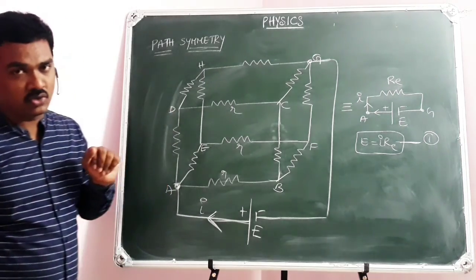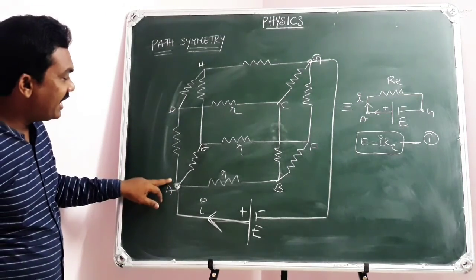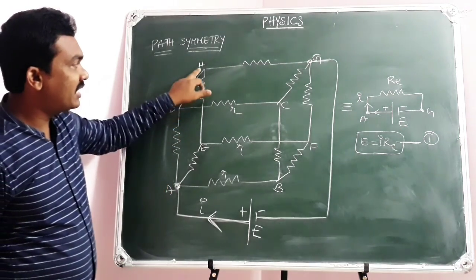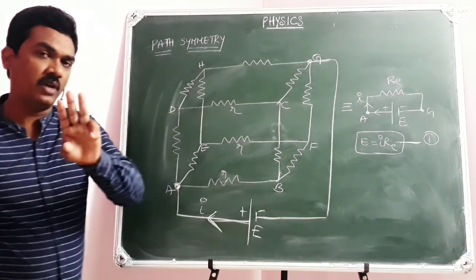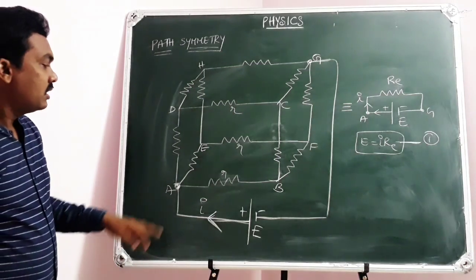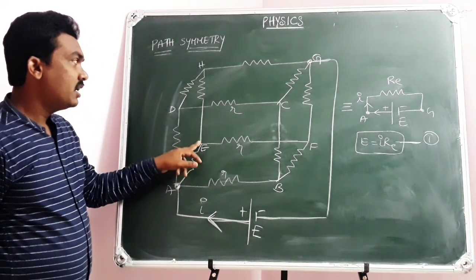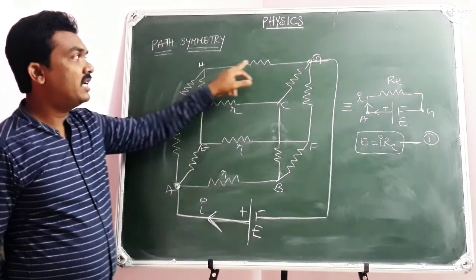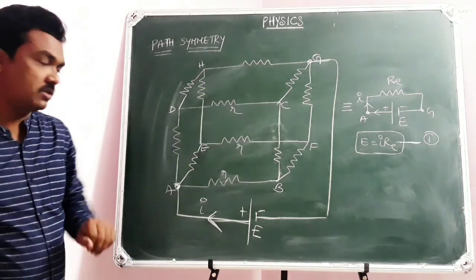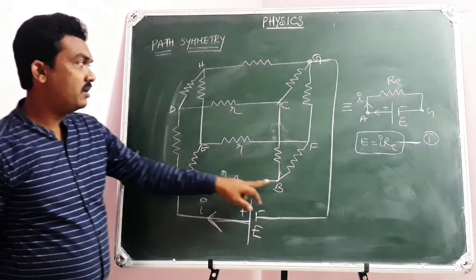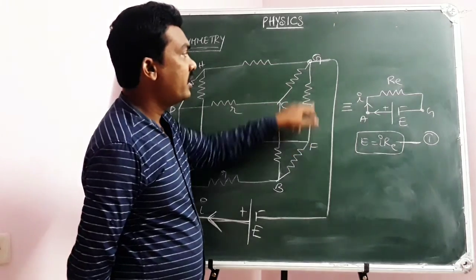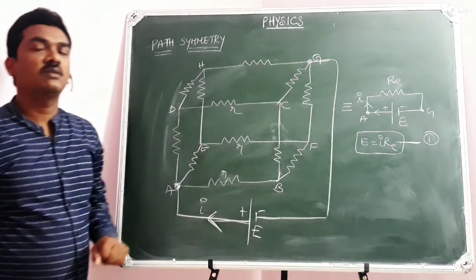While moving from A to G, along the path AD, DH, HG, I have 3 resistors. AE, EH, HG, 3 resistors. AB, BF, FG, 3 resistors.